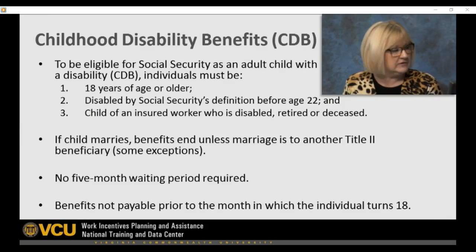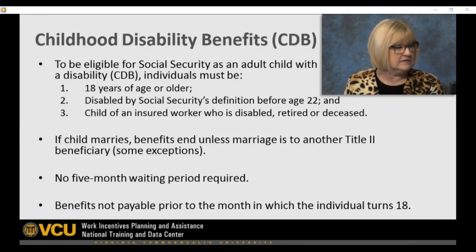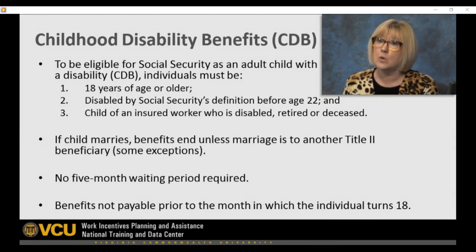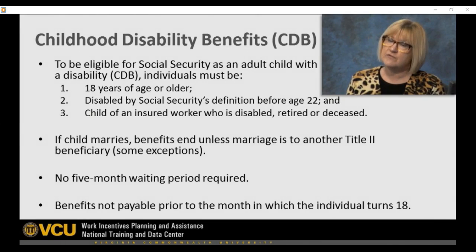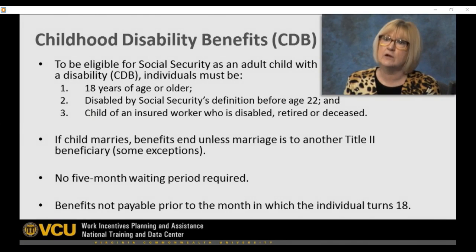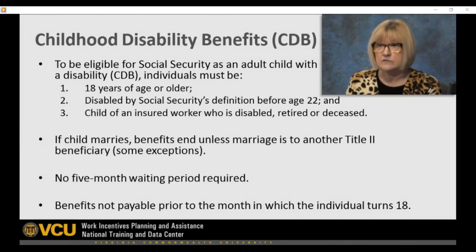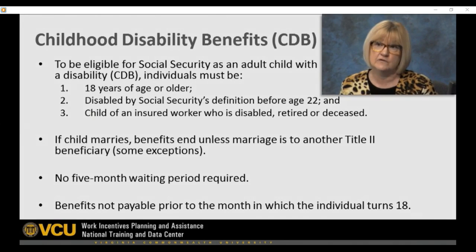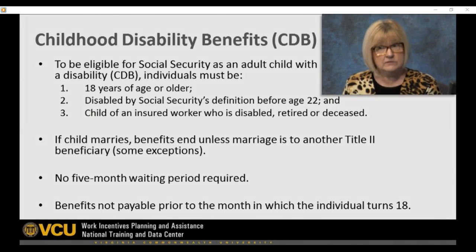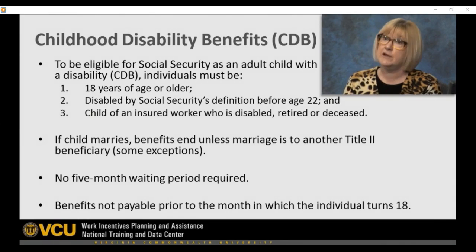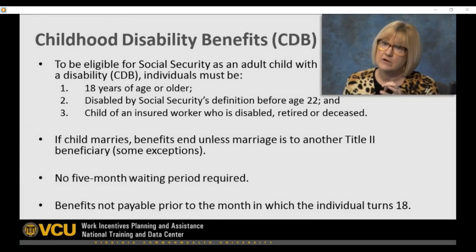And you have to be the child of an insured worker, someone who is now disabled and collecting Social Security, or retired and collecting Social Security, or deceased. So it's sort of like that parental work record becomes open to you as the disabled child once the parent either passes away or starts to collect a Social Security benefit based on retirement or based on disability themselves. Then if you, the child, meet the adult definition of disability and these other criteria, you can apply for CDB.